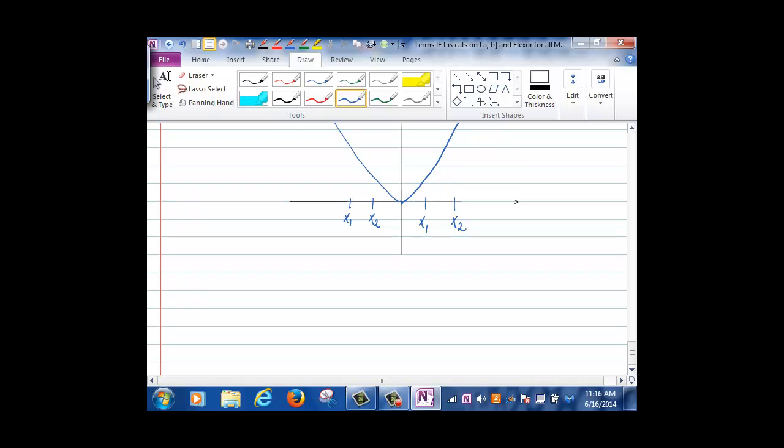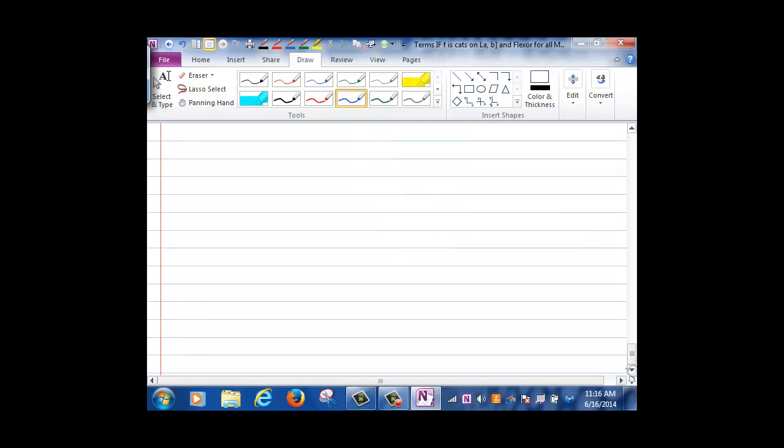But now, the next theorem will tell us what the derivative tells us about where a function increases and decreases. Okay, so here's the theorem, and this is what it says.